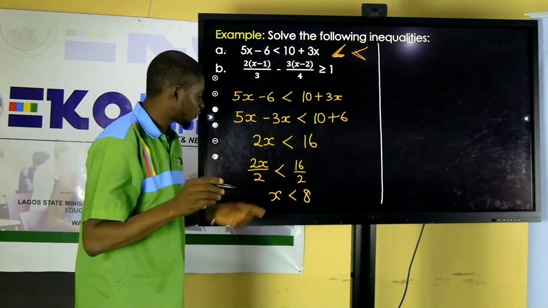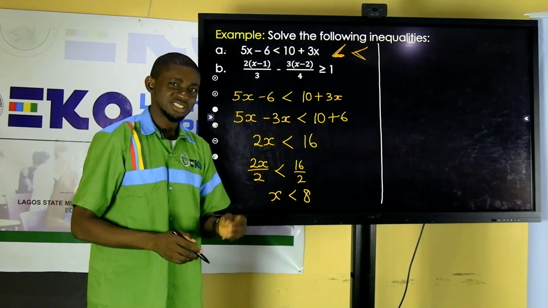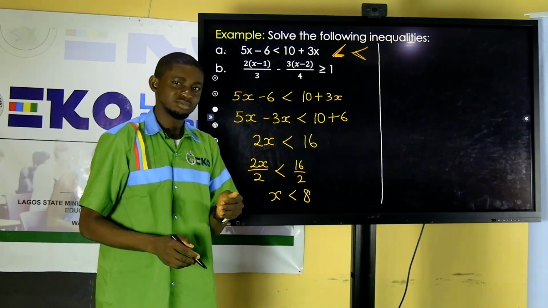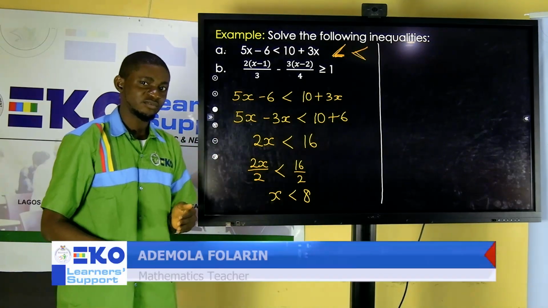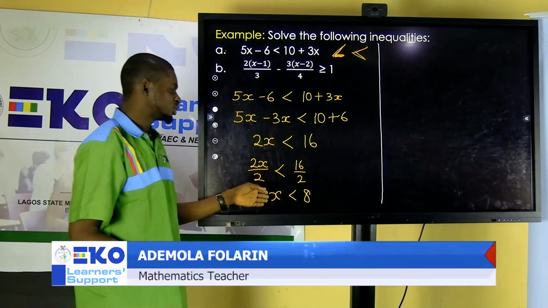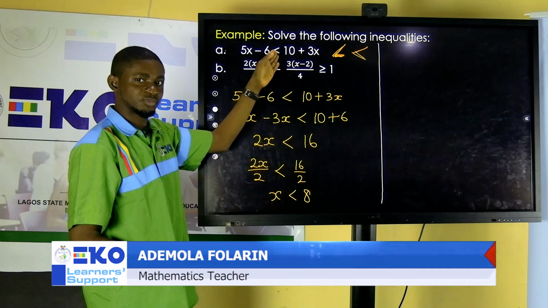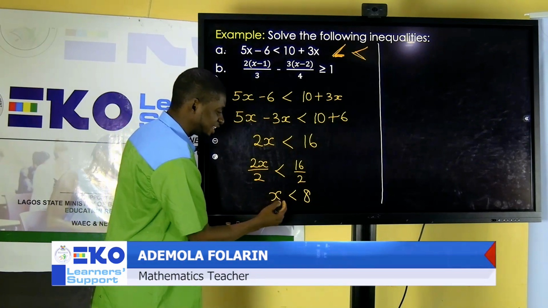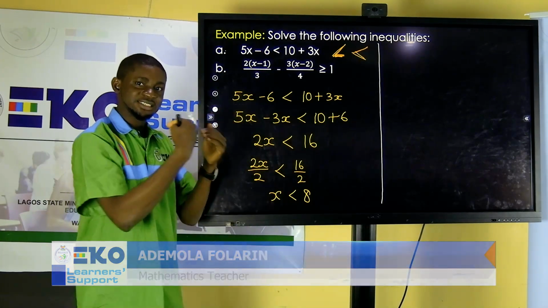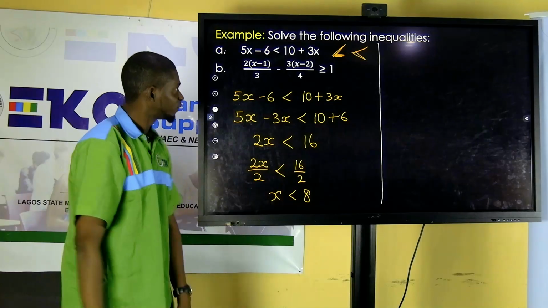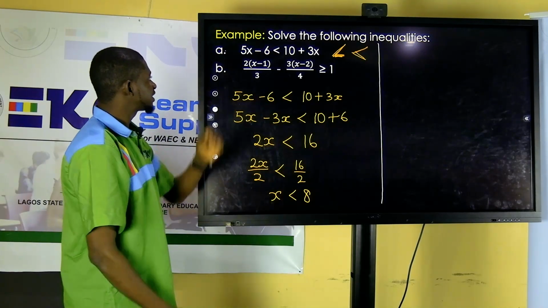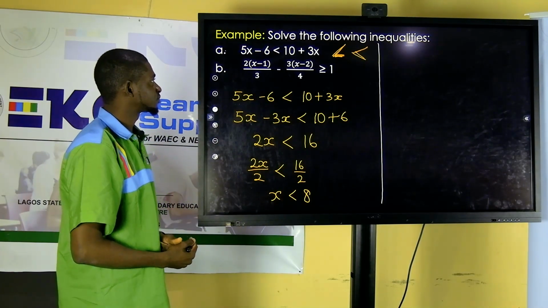The value of x must start from 7 down, 6, 5, 4. So those are the values that can make these statements true, because it's saying x is less than 8. Very good. So let's take the second one, which is the fraction.